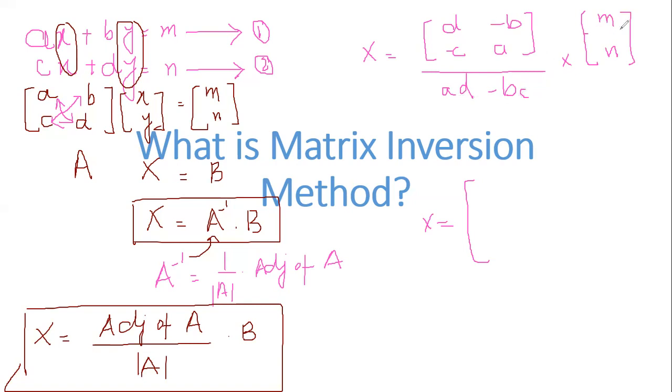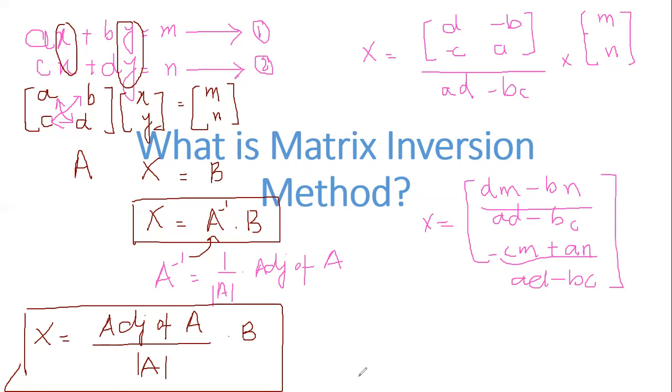So first that is DM minus BN divided by the whole determinant, where the whole determinant value is AD minus BC. Now minus CM plus AN divided by AD minus BC.